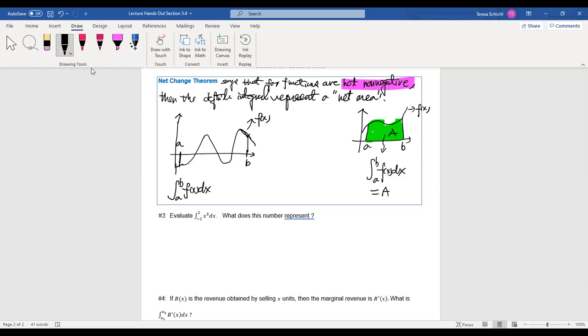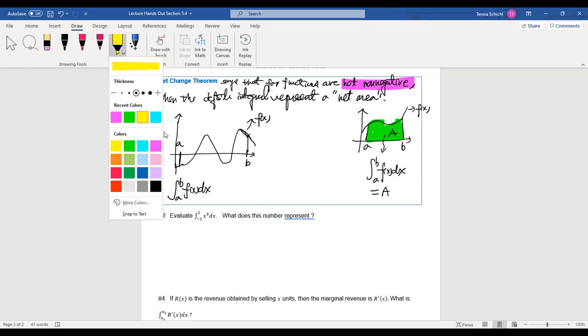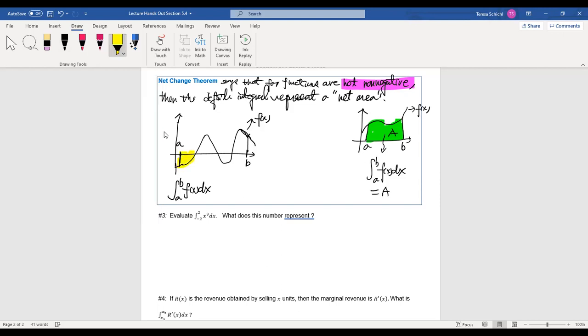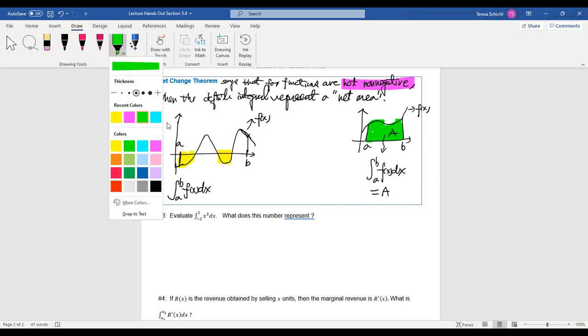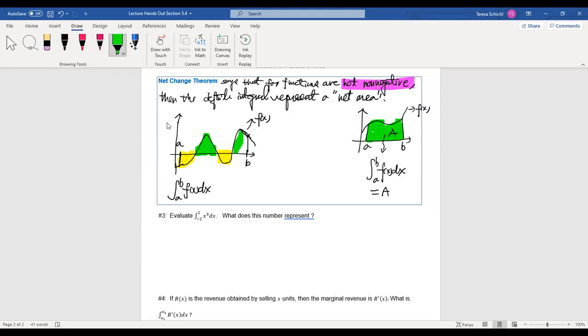So basically, we know you can find the areas here, right? This area and this area are below, and this area is above. We know the area is always positive, so if I say this is area 1, this is area 2, this is area 3, this is area 4, right?